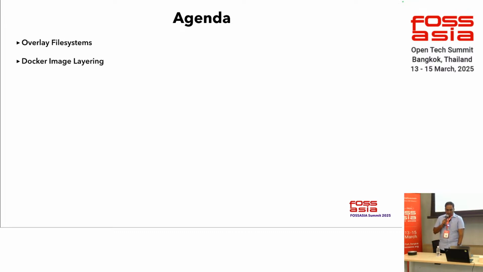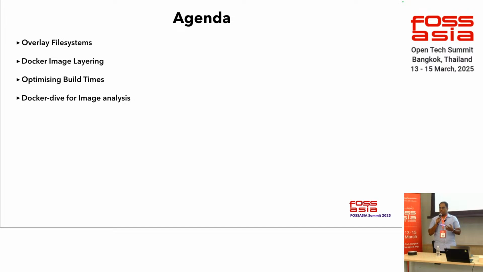Next we'll look at how a Docker image or container image is layered. Next we'll look at how we can optimize for build times. Then we'll look at an open source tool called Dive, that will help you look at your images and analyze them.